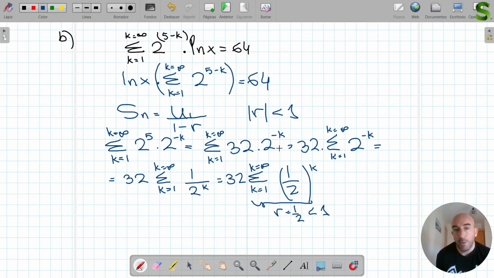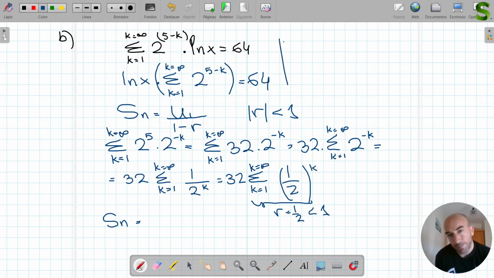Okay, so we can use the formula of the sum to infinity. So the sum to infinity of only this part over here is going to be the first term divided by 1 minus r. The first term is 1 divided by 2 to the power of 1.